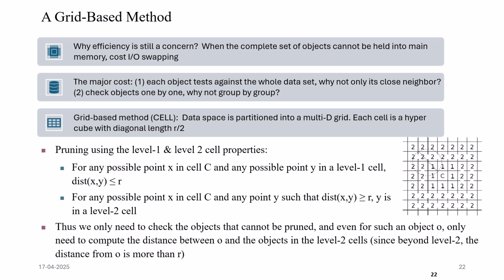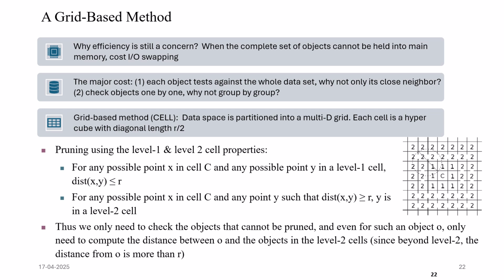Consider the cell C as shown on the screen. The neighboring cells of C can be divided into two groups. The cells immediately next to the capital C constitute the level 1 cells, and the cells one or two cells away from the capital C in any direction constitute the level 2 cells. The two levels of cells have the following properties.